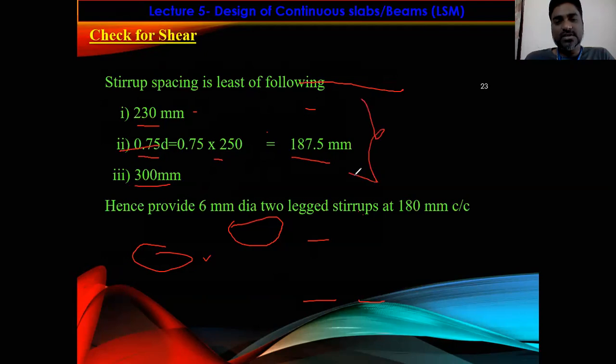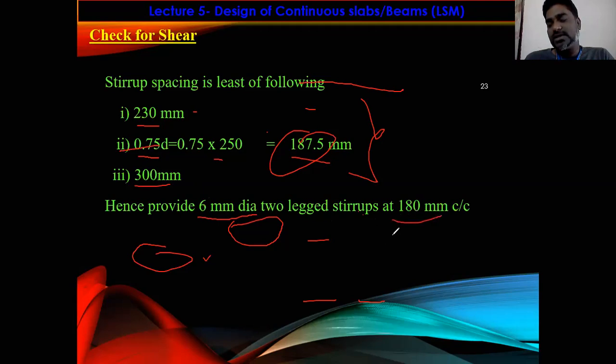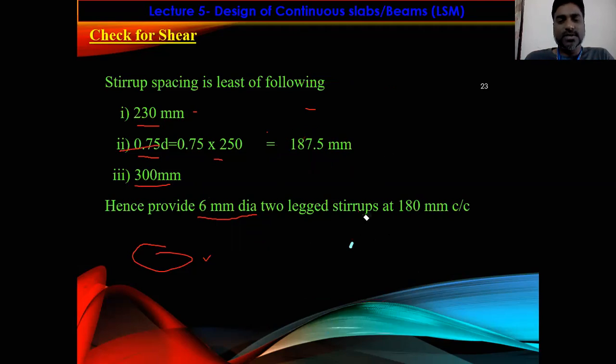So out of which the minimum is 187.5 mm. Therefore, provide 6 mm dia two-legged vertical stirrups at 180 mm center to center. Right. So like this, you need to determine the shear reinforcement.